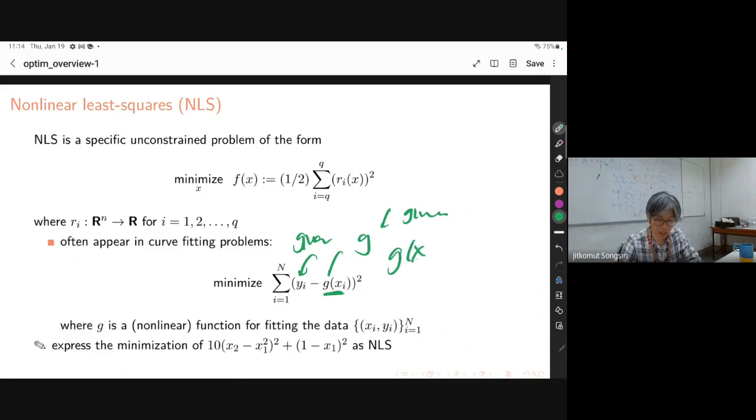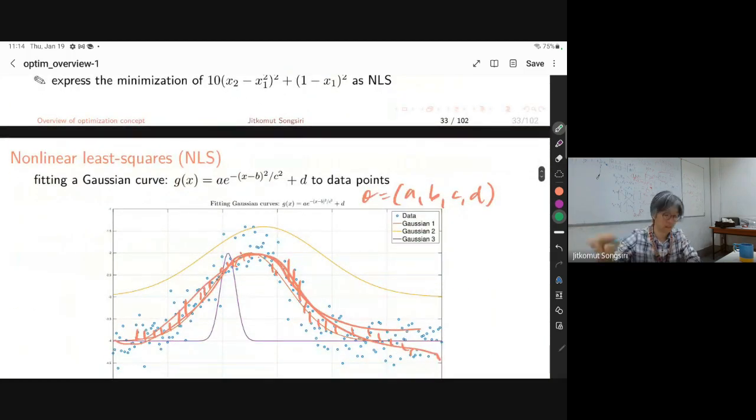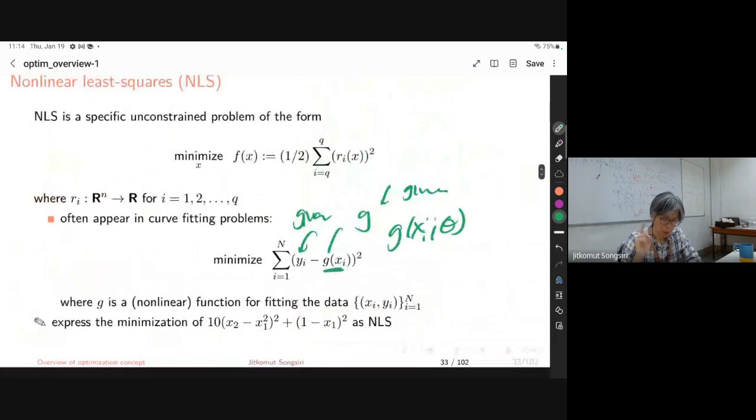But a lot of the time, this g has parameters, just like I have those a, b, c, right? So this is a function of theta. I want the sum square error to be minimized.